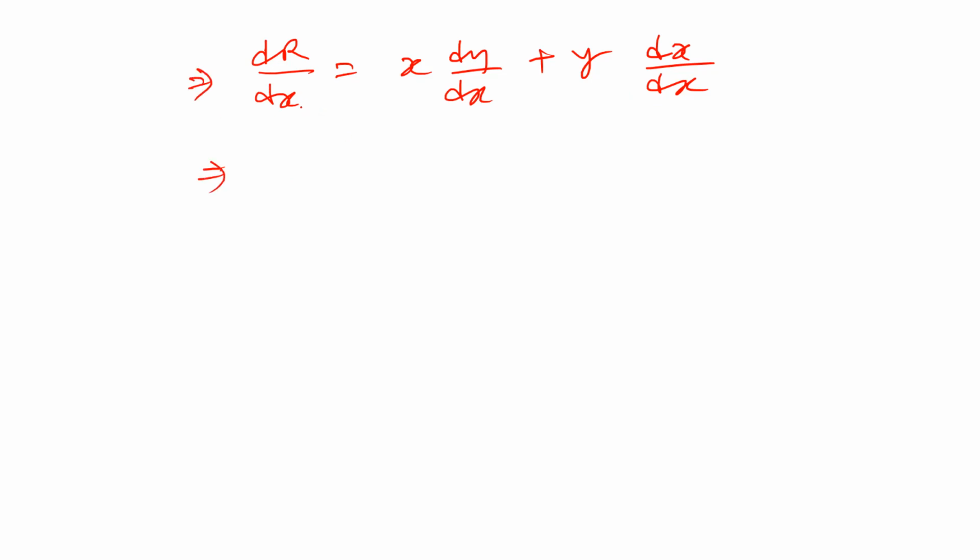So it is what? That is dr dx. It is equal to x into dy dx plus y into dx upon dx. So in this case, if I multiply by dx on both of the sides, what will I get? After multiplying by dx, obviously the dx will be eliminated and I will get dr is equal to x into dy plus y into dx.